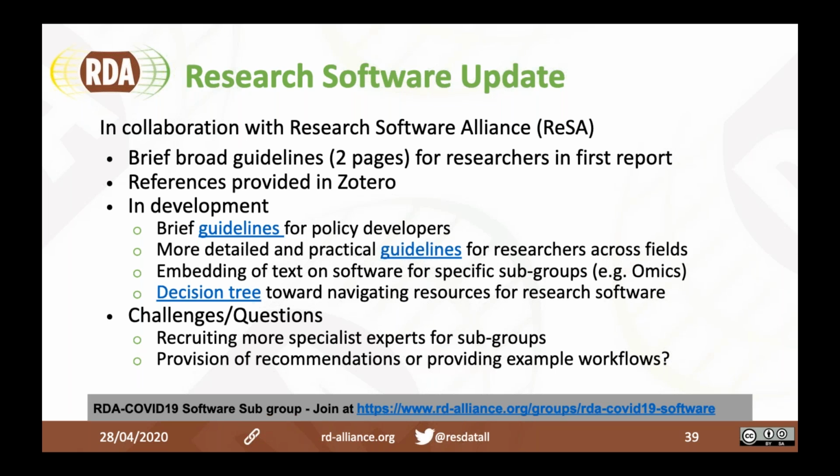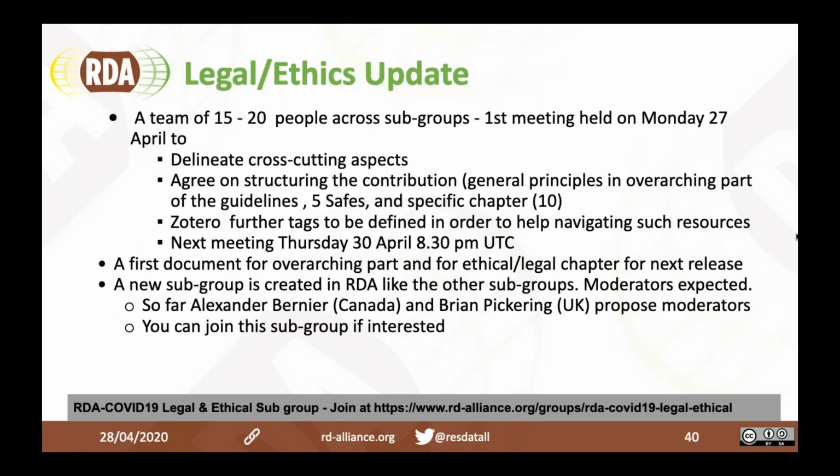Thank you very much. Now we have the next slide, please, which highlights another cross-cutting domain, which is around legal and ethical frameworks. There is a team of between 15 and 20 people distributed across the existing subgroups who had a first meeting yesterday.